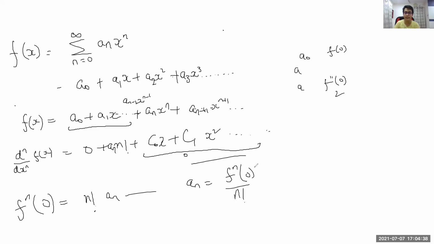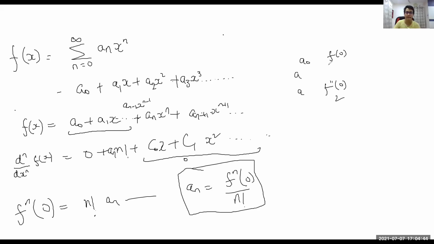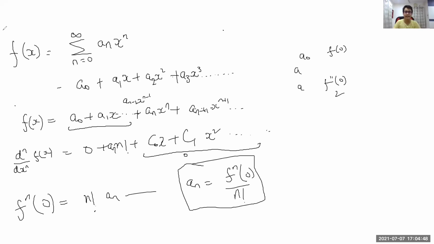So now we've just found a general formula, and you can actually notice this will work. If you plug in x is equal to 0, you will just get the zero-th derivative of the function, which is actually just the function itself.